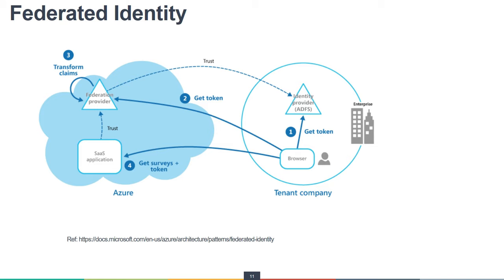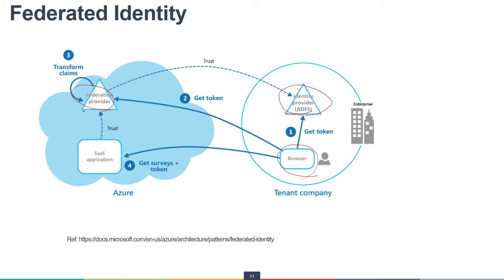So in this diagram, we have the federation provider and we have the identity provider. Okay, and being a normal user on the browser, what we are going to do is get the token from ADFS, which is the identity provider, and this ADFS will give you the token which you can in turn submit to the federation provider, because the federation provider and the identity provider already trust each other.